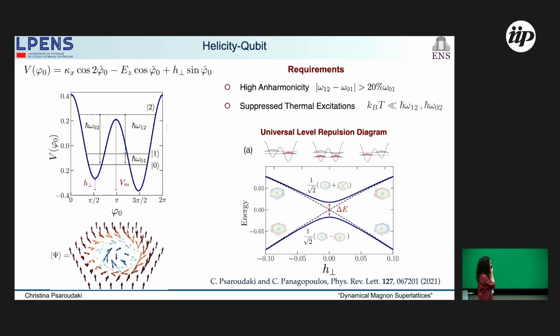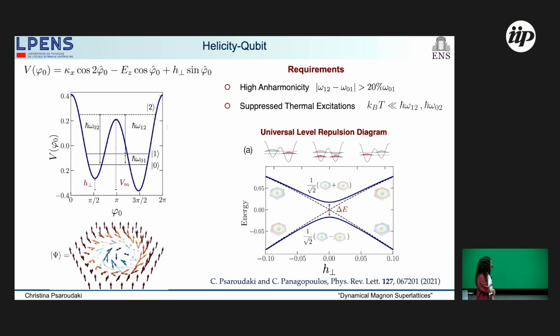And to proceed, we need to satisfy two requirements. The first is high anharmonicity, so the other levels that exist, because there are many levels here, are separated by anharmonic gaps. And that is kind of easy to satisfy in this example because we have a lot of external parameters to tune.